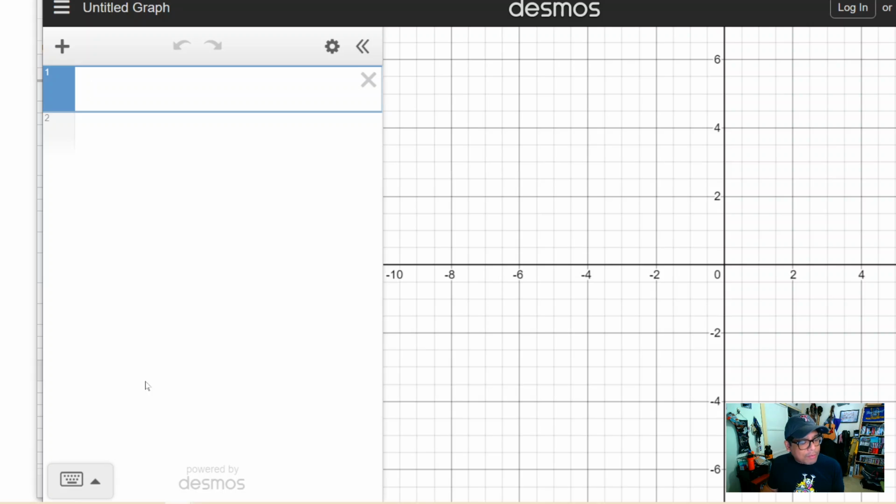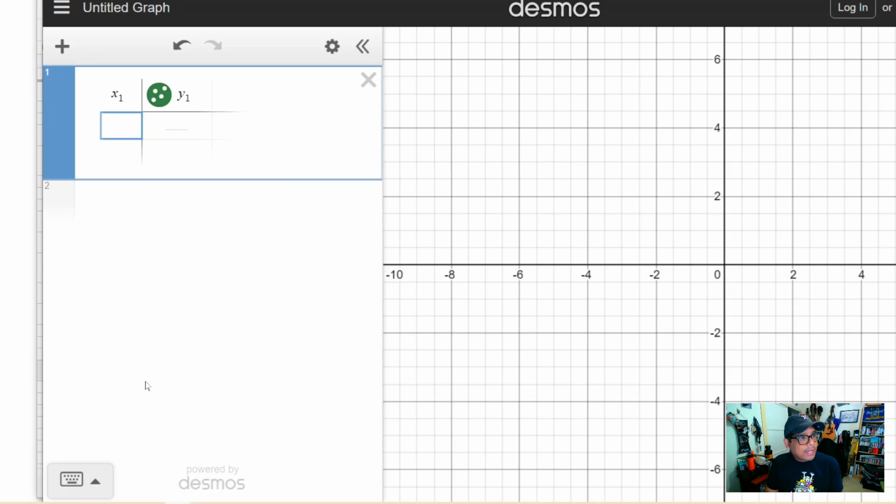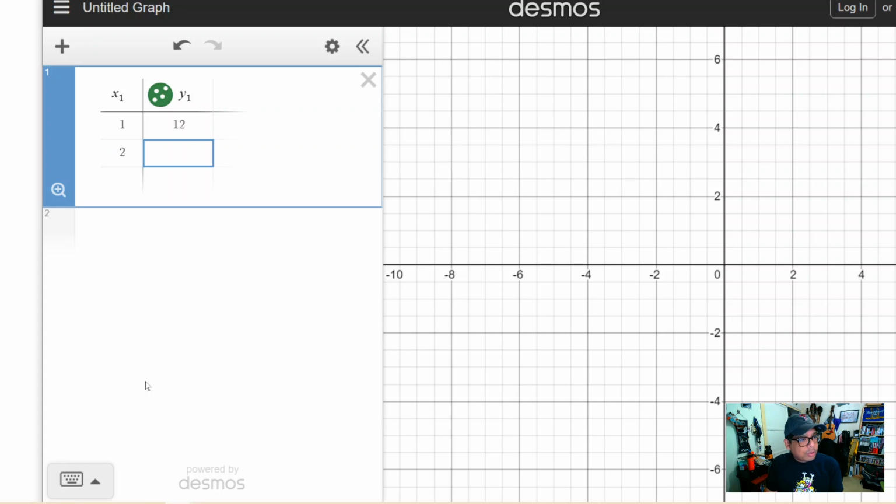And then, of course, we're just going to graph them. Now, if you want to graph them on Desmos, you can type the word table, and that'll give you a table. And then you're going to type in, for x1, you're going to put 1. And what was that first term? It's 12. And then we're going to do 2. We're going to put 6. That was the next number.